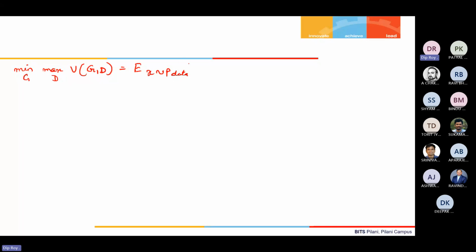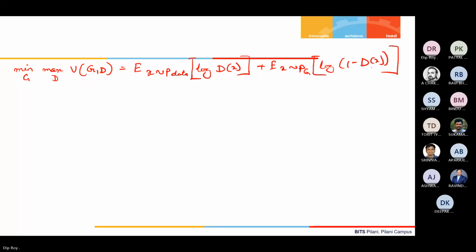We sample from P data to calculate the expectation, and log of D of X, plus the expectation of X when you sample from the generator, which is this G, and log of 1 minus D of X. This is my objective function.